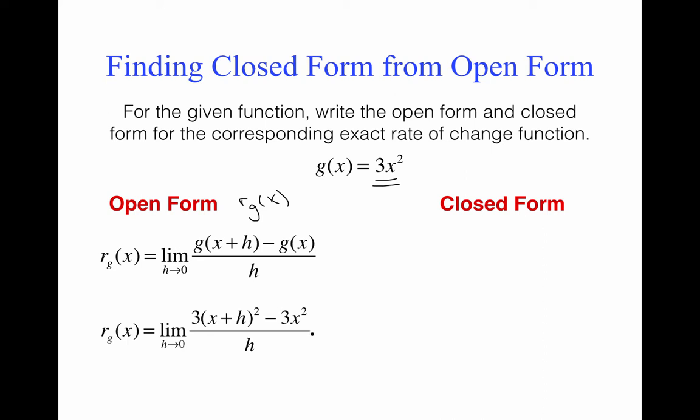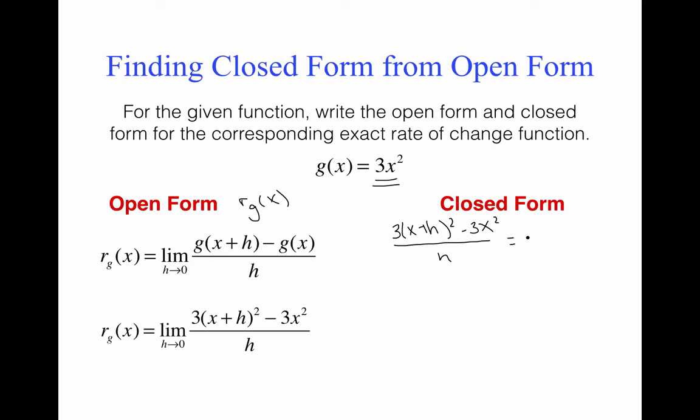Now, if I wanted to simplify that and achieve a closed form version, then what I can do is expand out this expression. You had a little bit of practice with this in your graphing calculator homework assignment, so you can type in this kind of thing and ask the graphing calculator to do the work for you.